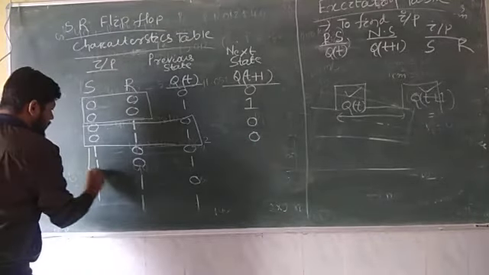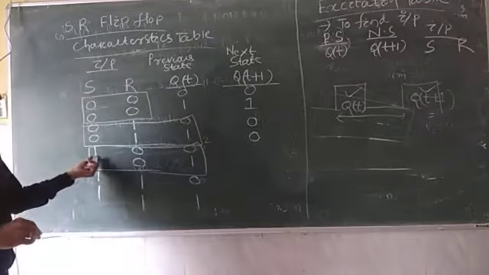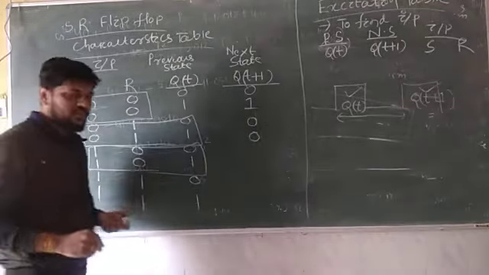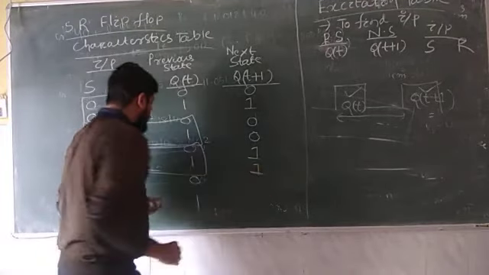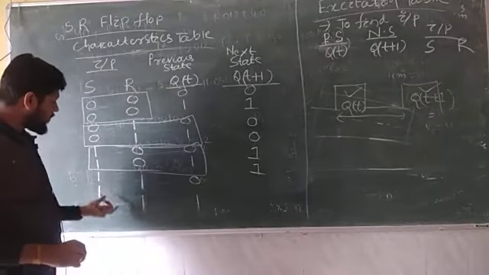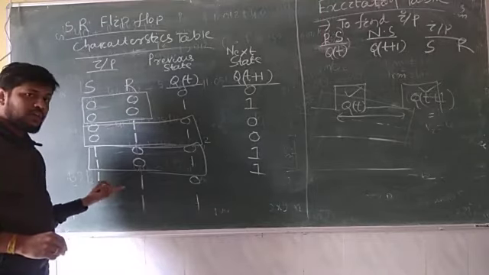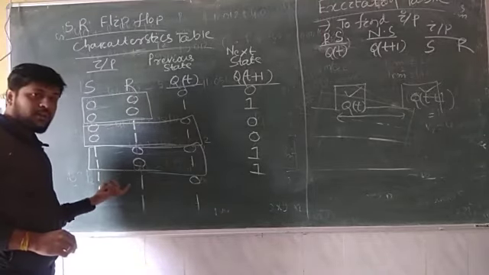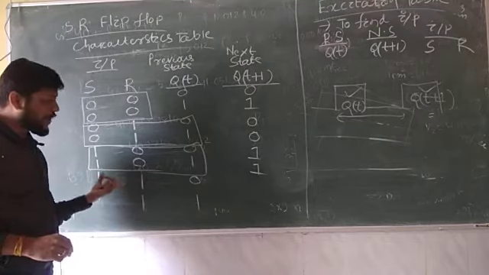Then the moment we see S is 1 and R is 0, the flip flop output will be set. After that, I have already extensively discussed, never ever give 1 1 input to your SR flip flop. Why?